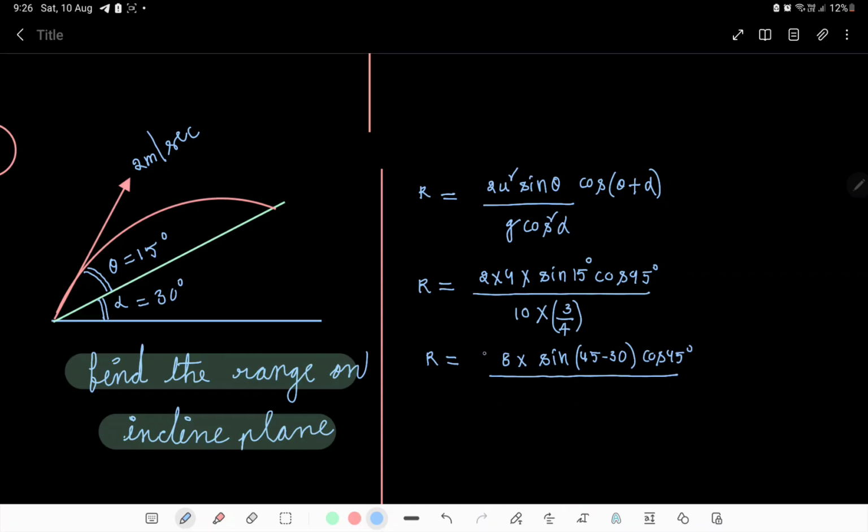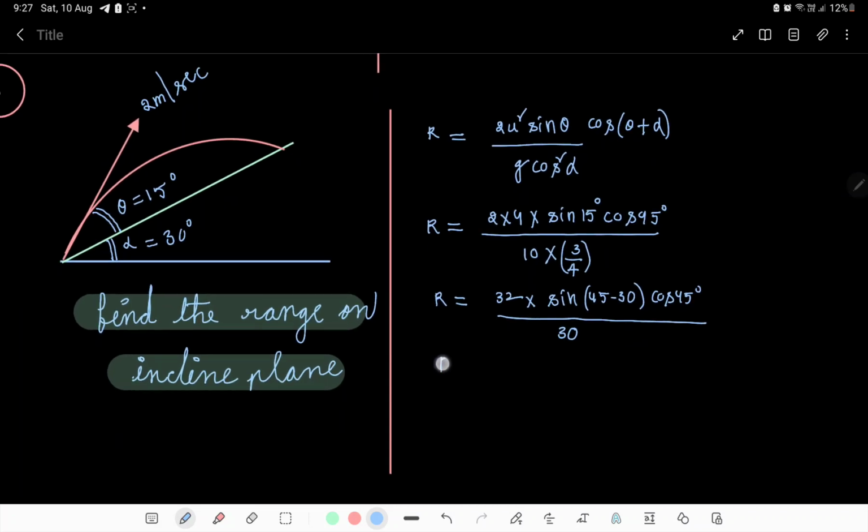That 4 will come up, so this will be 32 by 30, right? Therefore the range formula R is equal to 32 into sine, which can be split into sine A cos B, right?